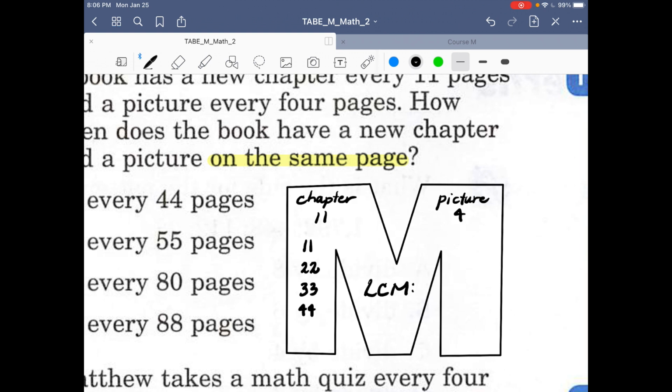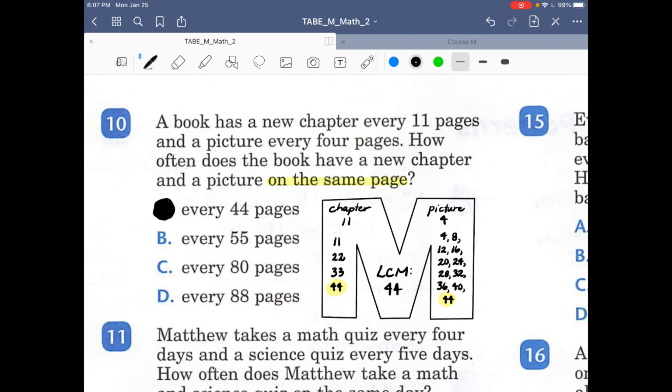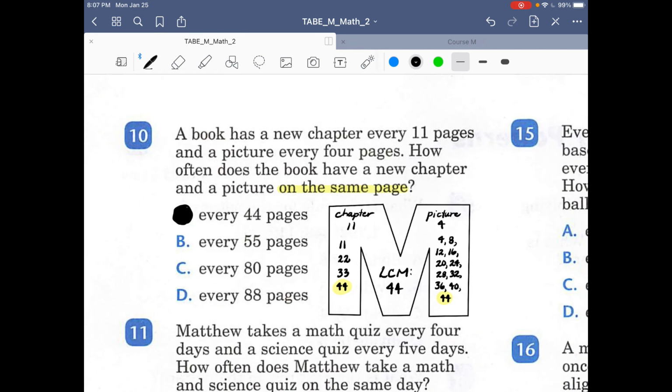Okay, I know that one's going to divide by 4. 4, 8, 12, 16, 20, 24, 28, 32, 36, 40, and 44. So there I can show you the 2 common multiples. The lowest common multiple for these is 44. So A, every 44 pages. Number 10 should be A.